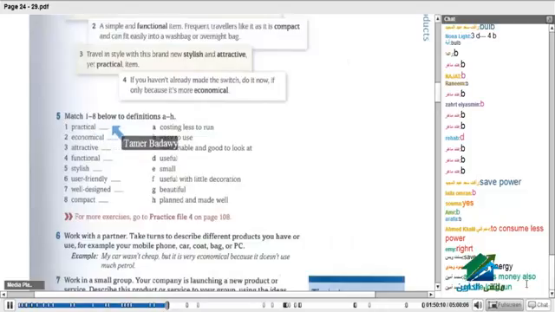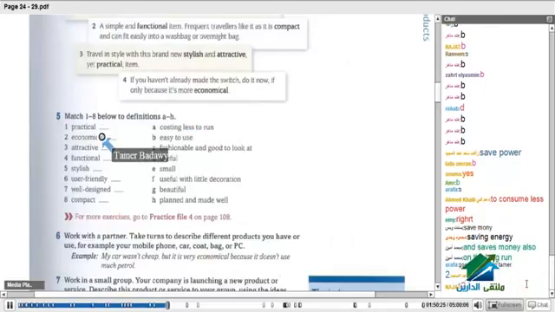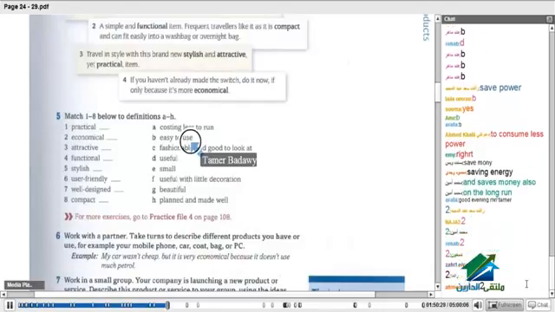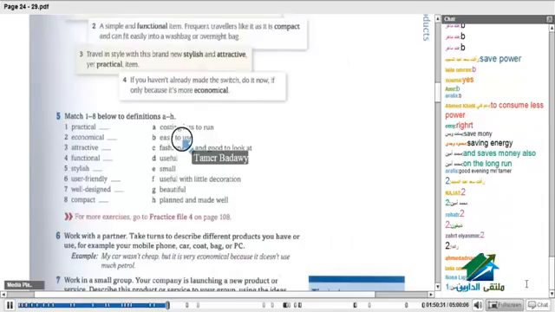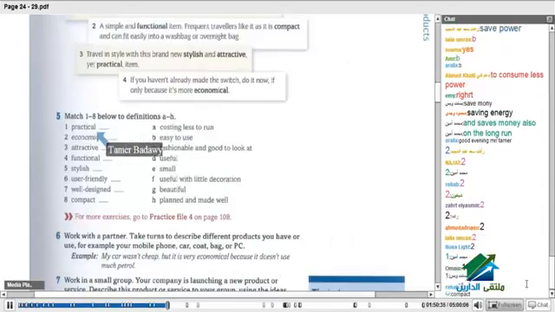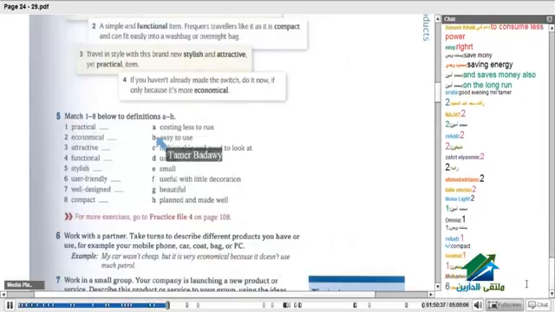I will read, and then you will give me the description. Costing less to run. Which one here? 2. Economical. Okay, well. Easy to use. Practical. Easy to use.